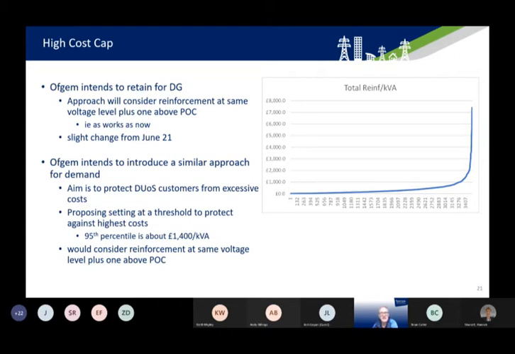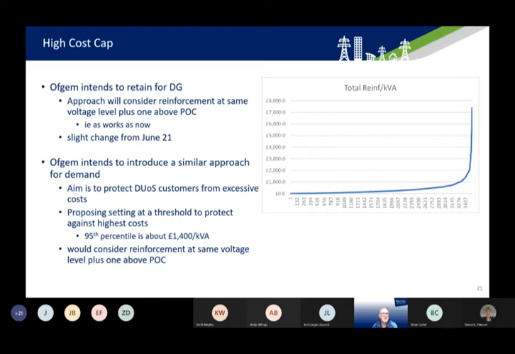So the idea is it doesn't affect the vast majority of connection applications, but some that are expensive on a pounds per kVA basis would be caught by this, and then the customer would pay for reinforcement costs above that threshold. It is on a pounds per kVA basis, so it isn't quite as intuitive as pure money.